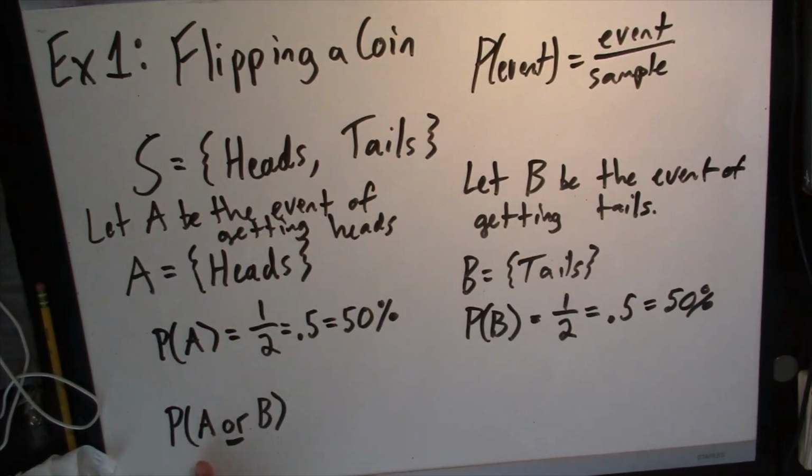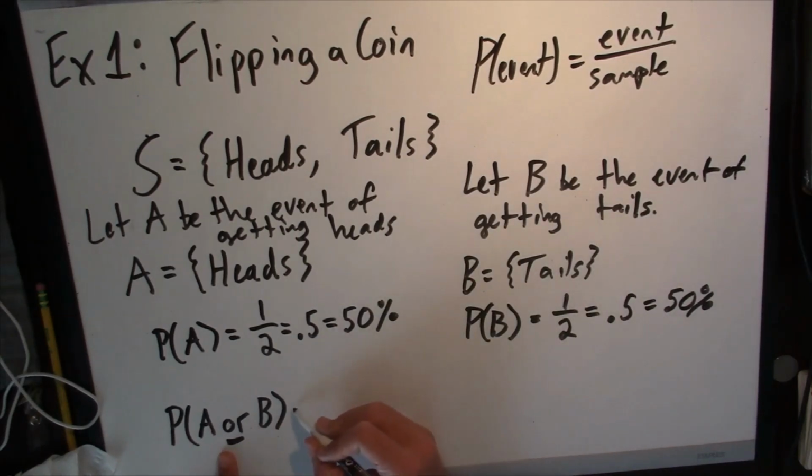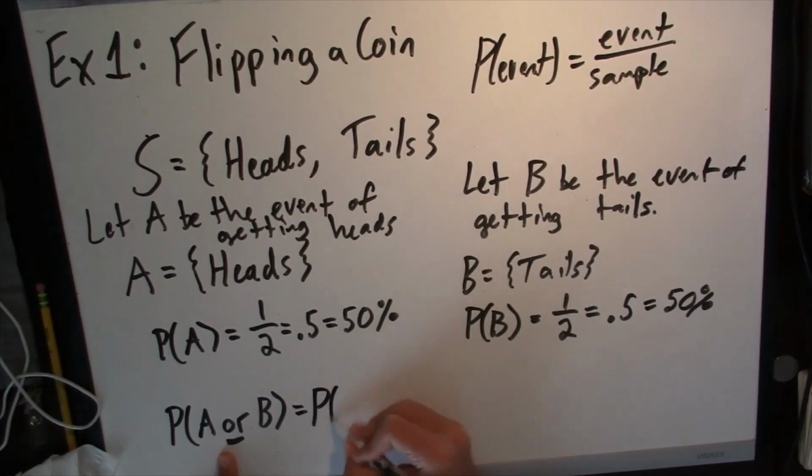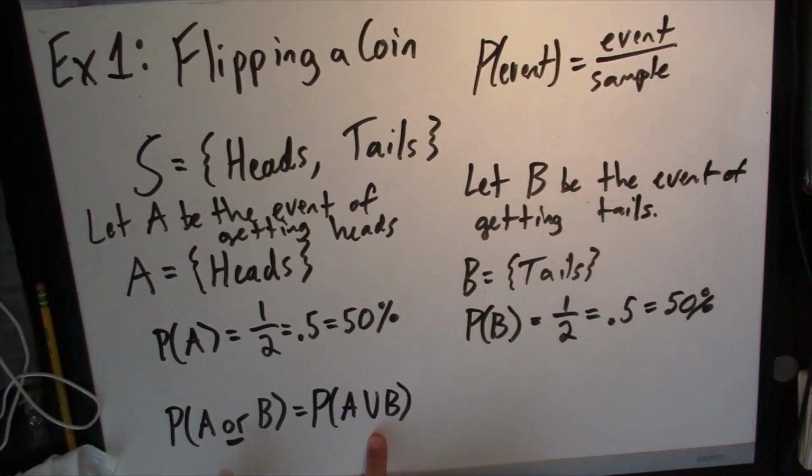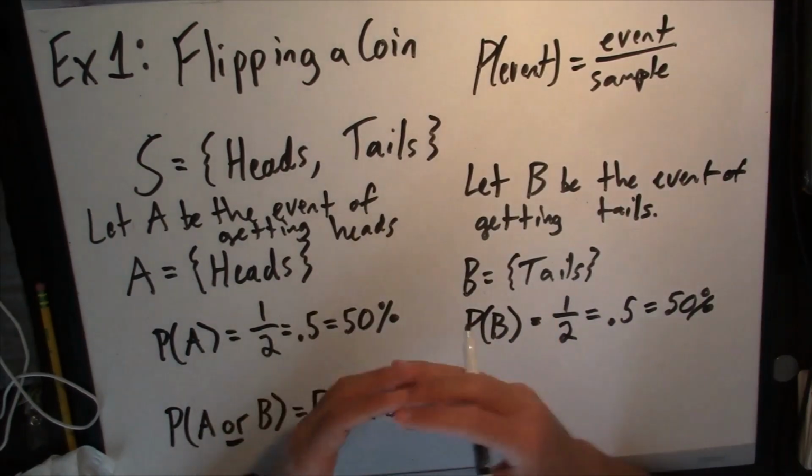So in this case, A or B, OR tells us we're going to be doing a union. So this symbol looks like a U, means union. So the probability of A union B, well, a union means you bring the two sets together.